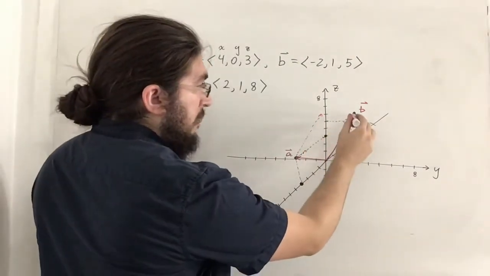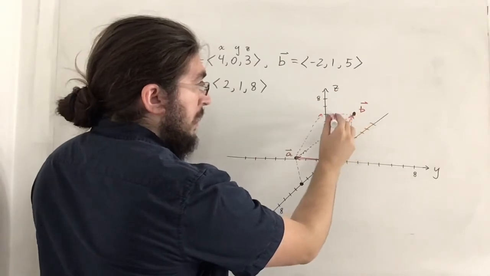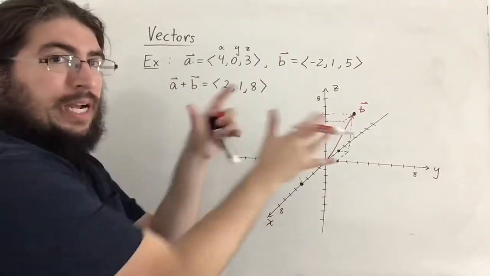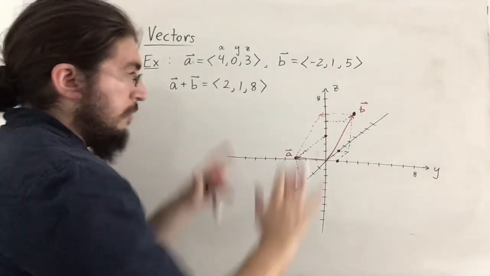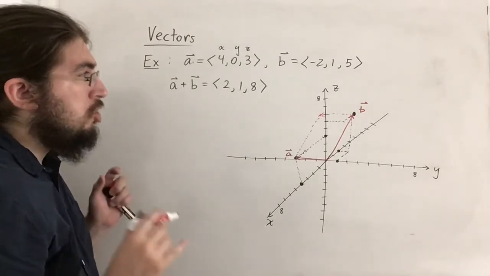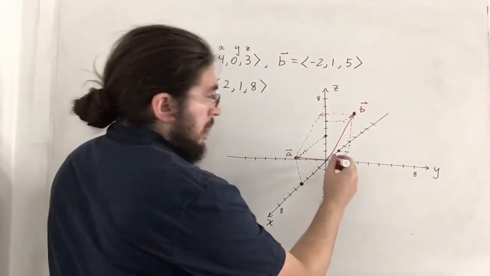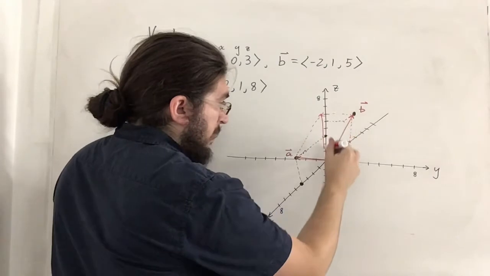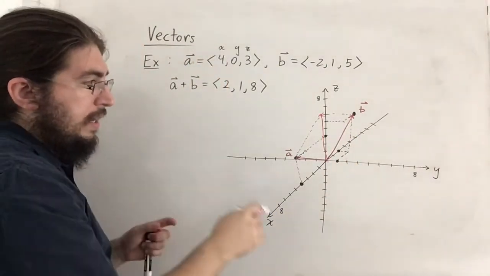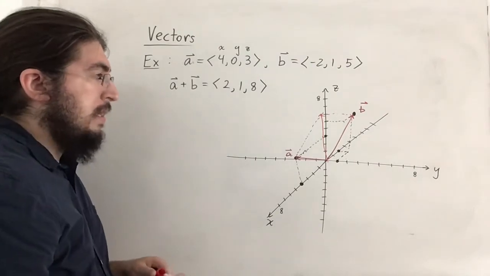And imagine A, for instance, doing the same thing. And again, it looks funny, but it's supposed to be in 3 dimensions, so it's kind of twisted out, rotated out like that in 3 dimensions. Imagine. And A plus B should be the diagonal of that parallelogram in 3 dimensions.